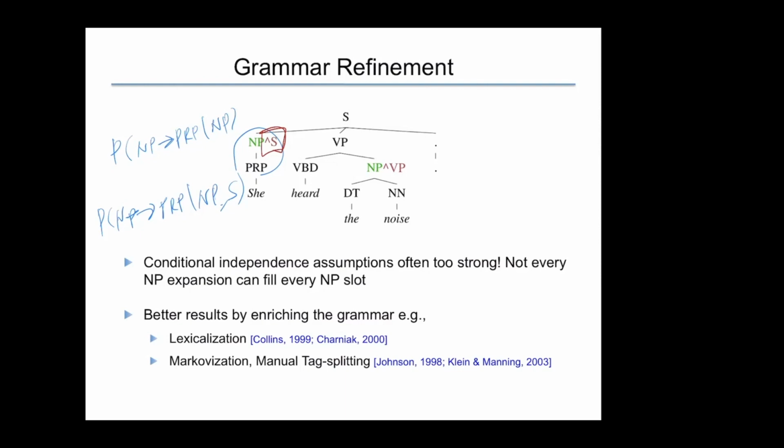So you can think of this as more of a latent variable, right? Because you have a latent variable, what's above it, and we have been ignoring it, but we actually don't want to ignore it. We want to consider that so that we are able to differentiate between these two noun phrases and build the probabilistic model separately for these two different noun phrases.